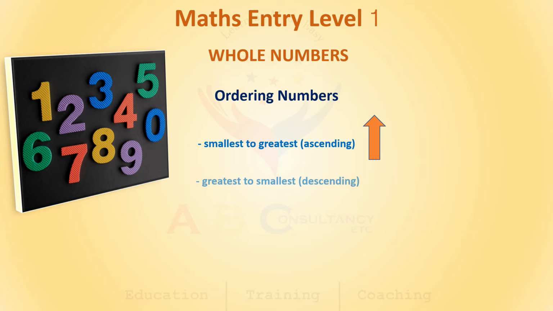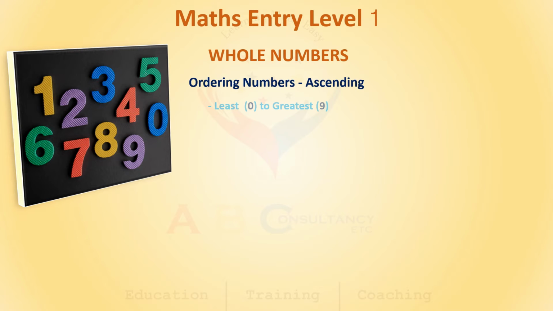Numbers can be arranged from greatest to smallest in descending order. The lowest numbers appear first, followed by the greatest ones in ascending order.